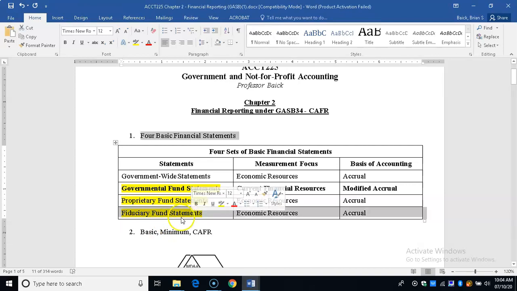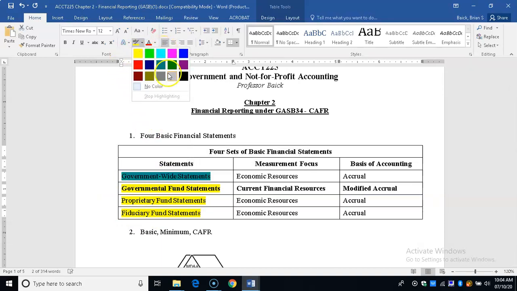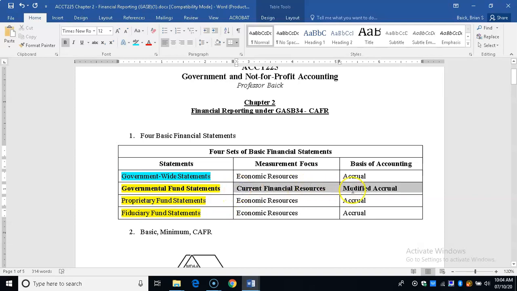Basically, you should know that these 3 funds are combined together and they create the government-wide financial statements. And also, it's important to note that the only fund that uses the modified accrual basis is the governmental fund.